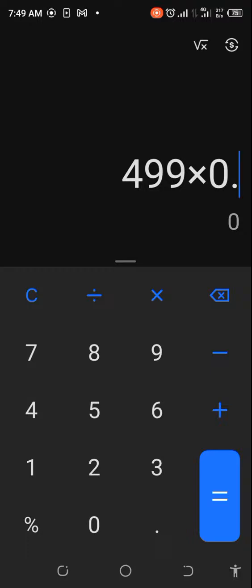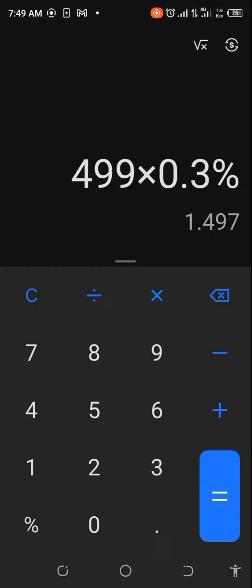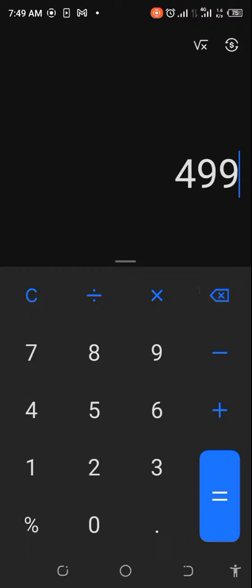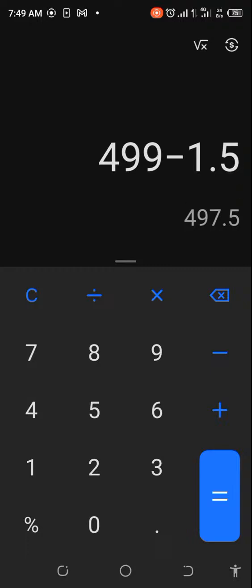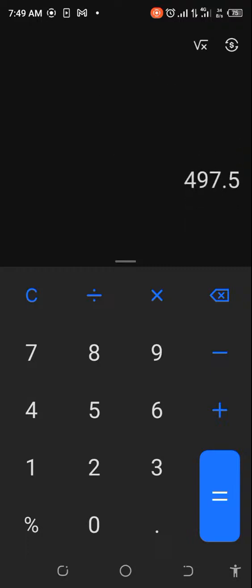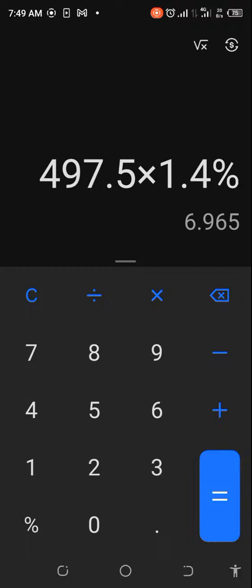So that means if I multiply that by 3%, I will be charged like $1.5. So let me remove that again. I'm just doing this so that you'll see if you're using a bigger capital, what you will get. So 1.5. So let's assume what was left is $497.5. Let's multiply 1.4%. We'll make about $7 on a $500 capital. So that's what I'm trying to bring out to you now.